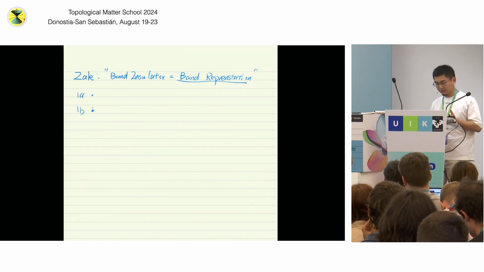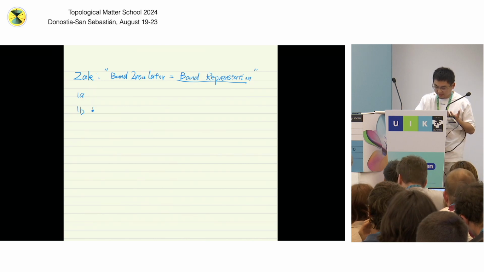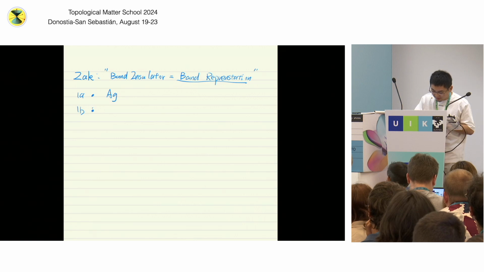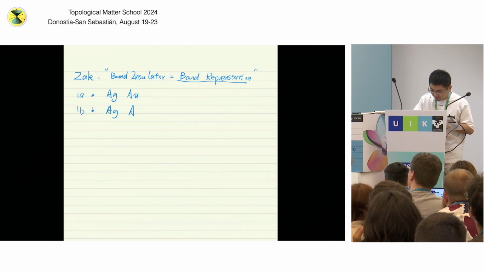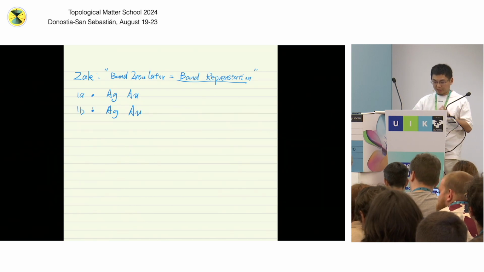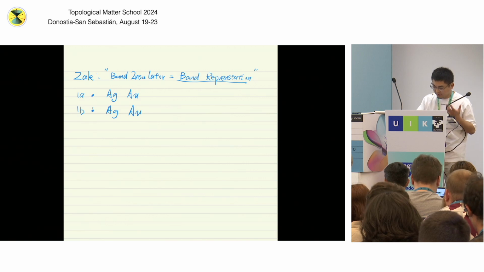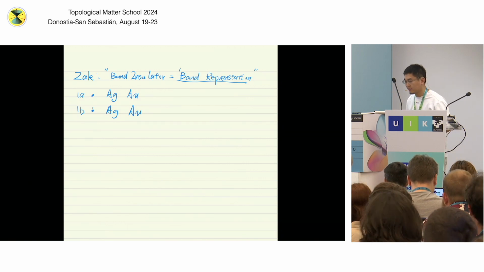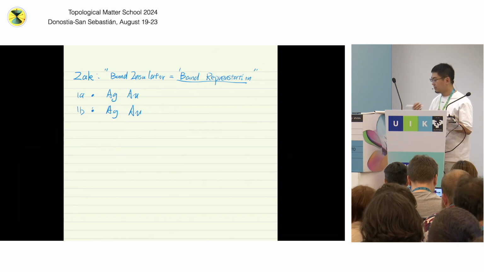That means that at each site we only have 2 irreps. So we label the even one by Ag and the odd one by Au, right? Counting this, we find there are only 4 possible local orbitals, or equivalently band representations, in real space. These are all the possibilities we have in real space.